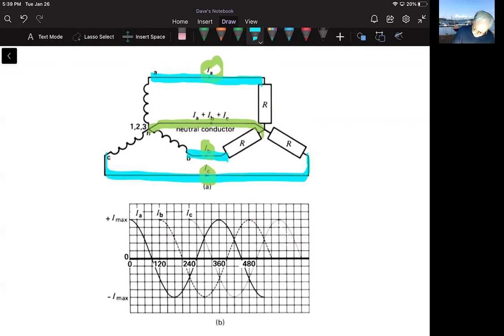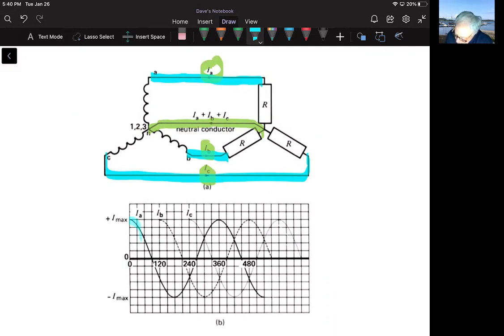But here's an interesting thing. At first we'd think that the cross section would need to be 3 times that of the lines A, B, and C. But if we look at 8.11B, which is what we're doing right here, let's start at the beginning.